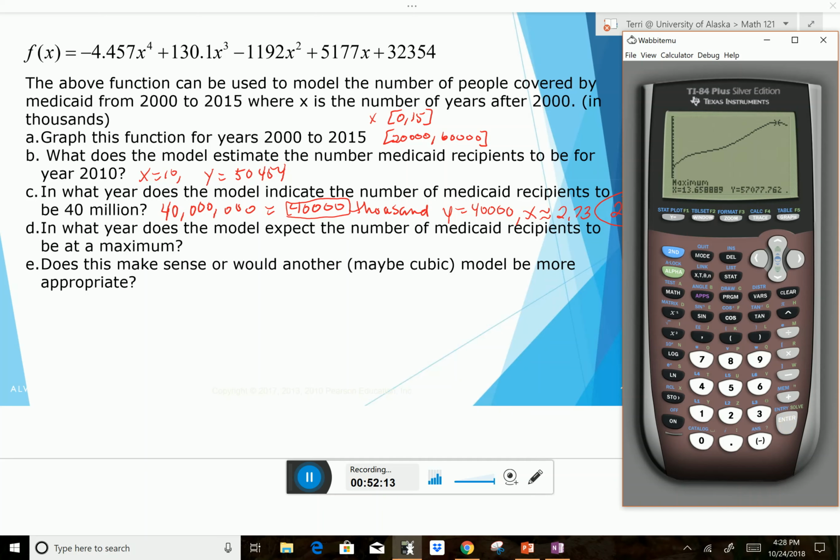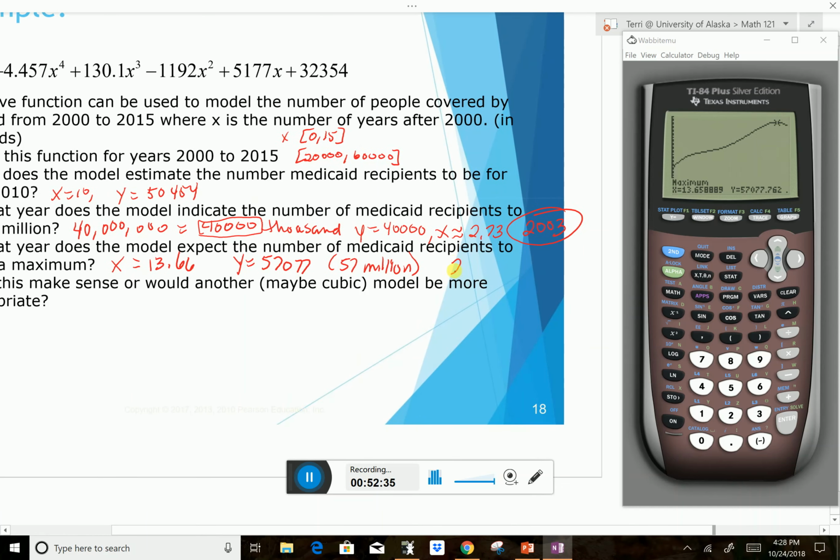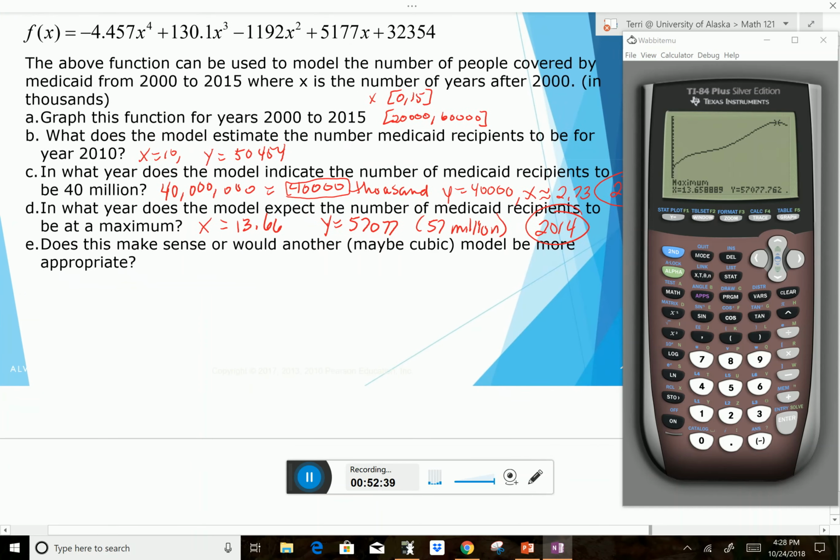And it says our maximum is at x equals 13.66, I guess, and y is 57,000. So that's about 57 million people. So x is about 14 years, so about 2014 is when we had the maximum.